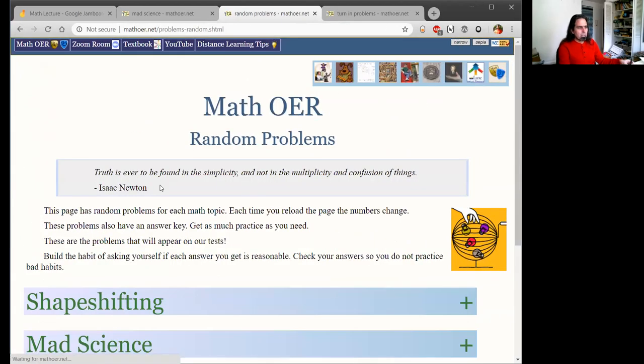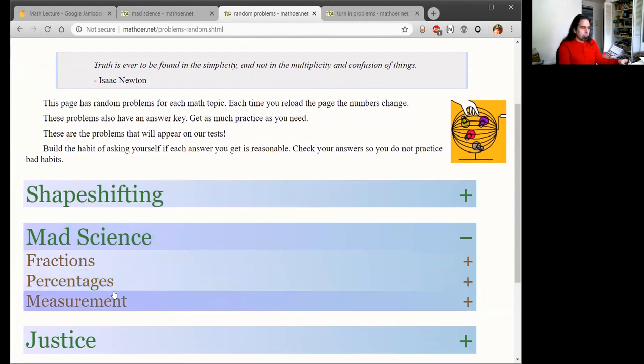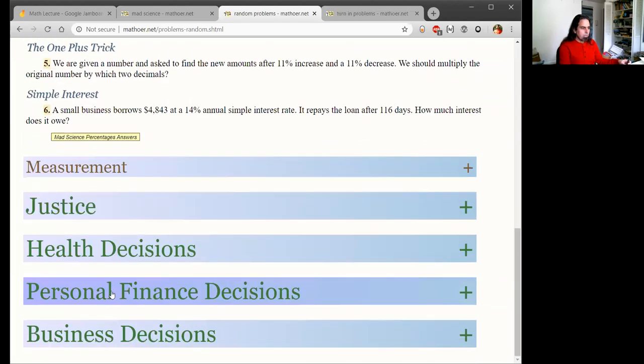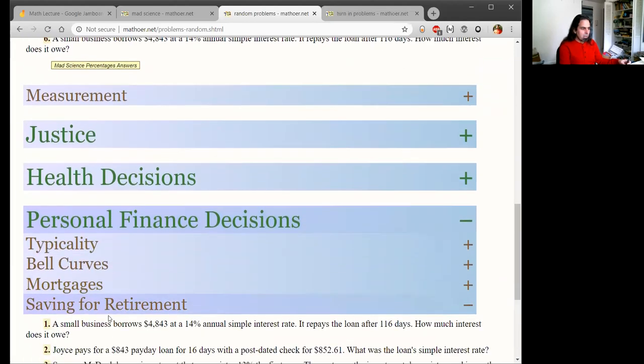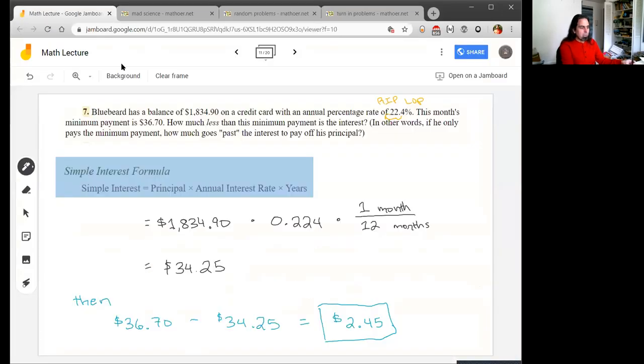Let's check that. Nope, maybe it's a random one there. Aha, so this one. You won't see this. This is Math 25, but just because you asked.